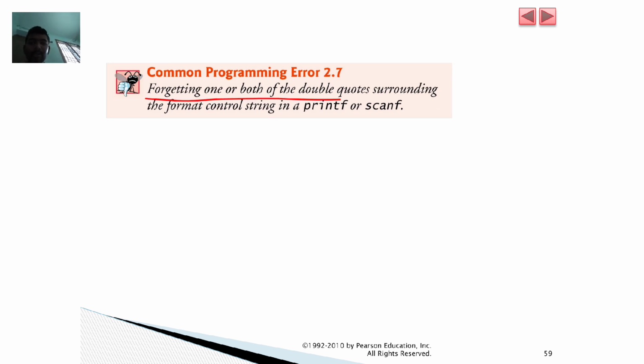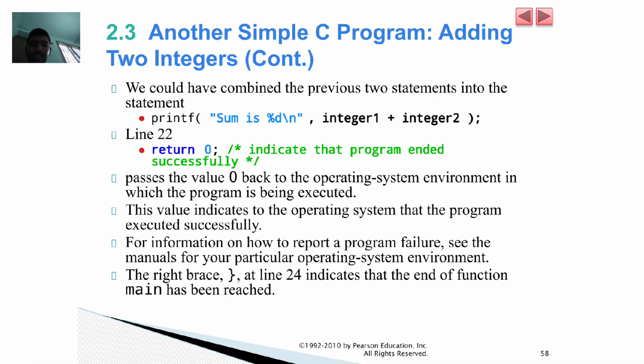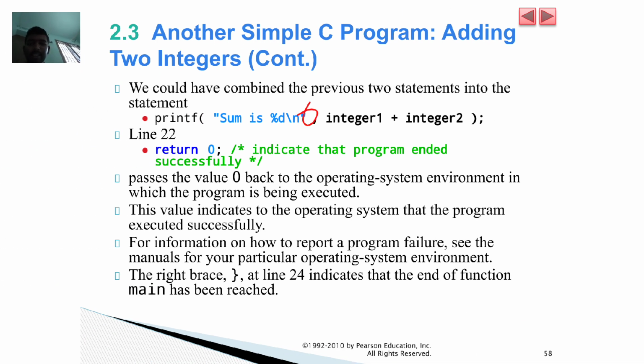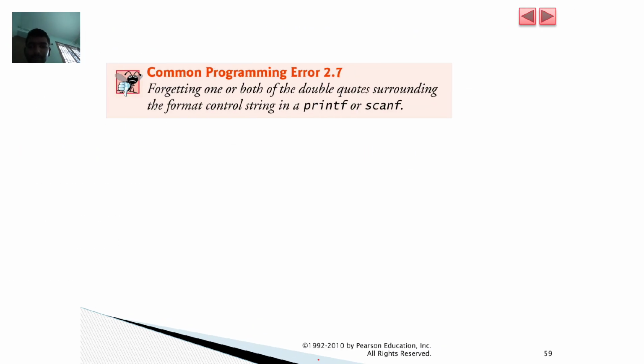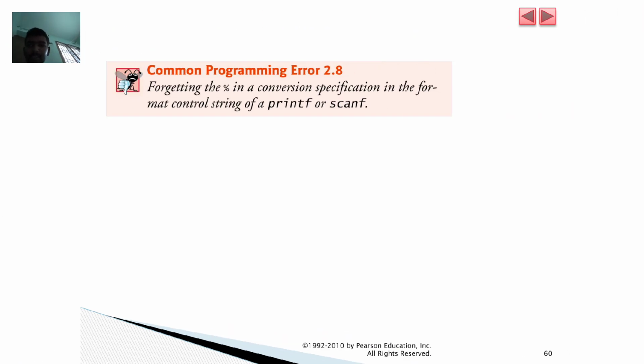A common mistake is forgetting one or both double quotes surrounding the format control string in printf or scanf. If we forget this, it will throw an error. So kindly remember to properly terminate the double quotes in printf or scanf. Another mistake is forgetting the percent conversion specifier in printf.